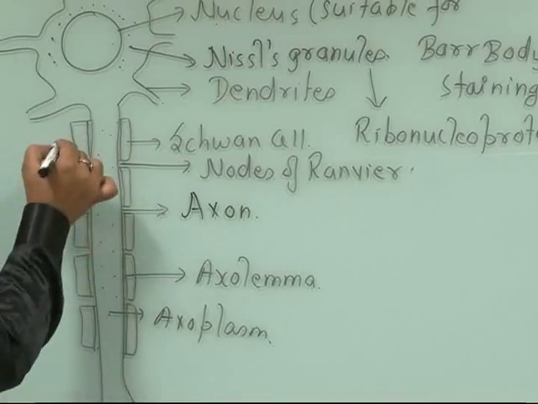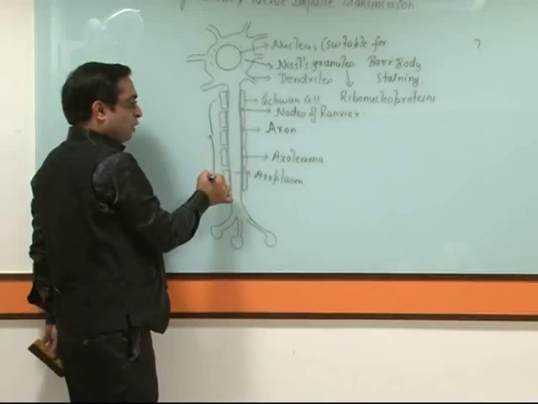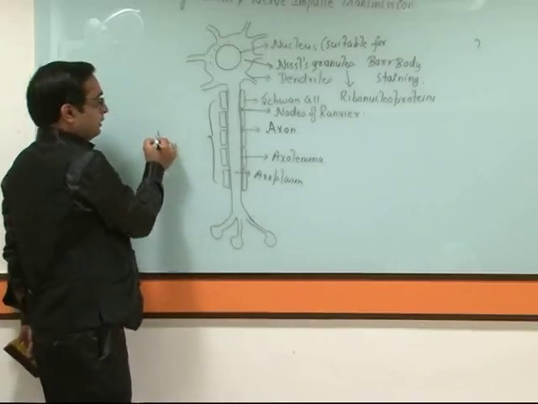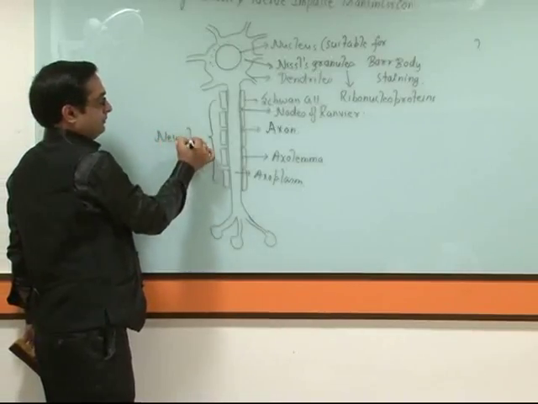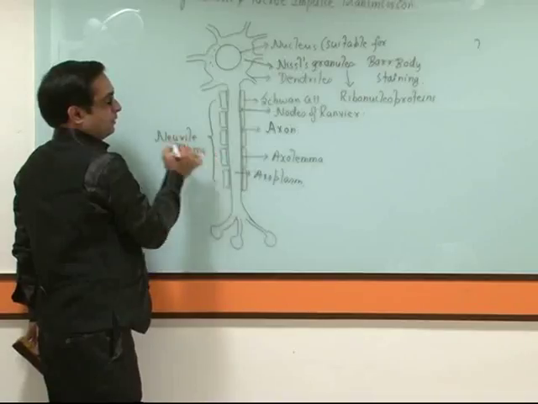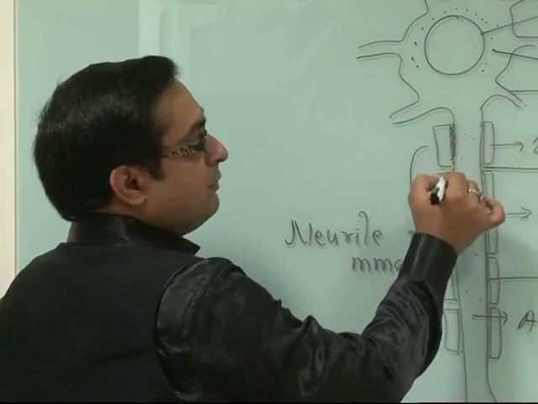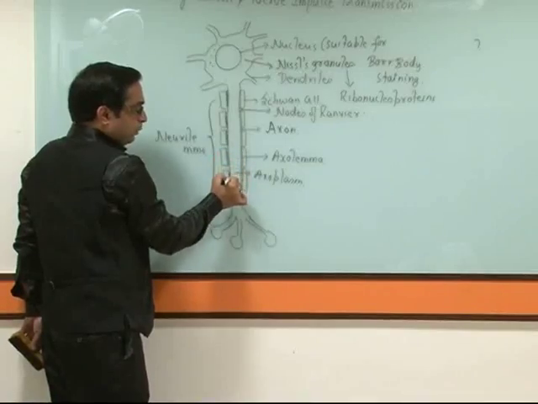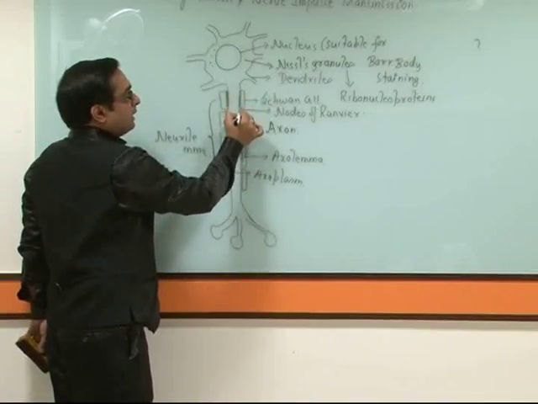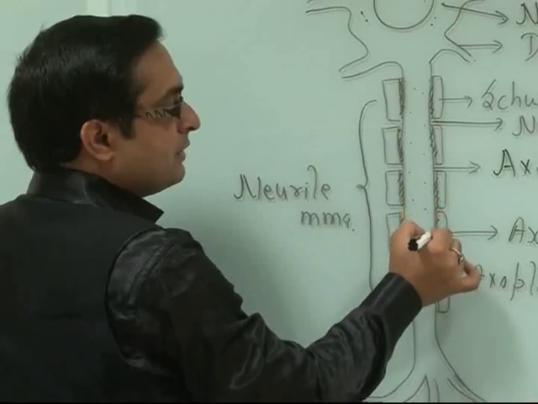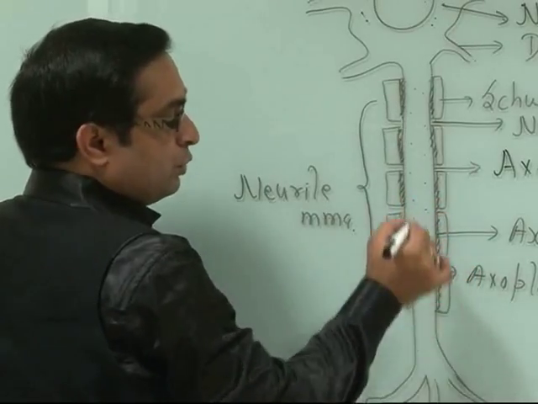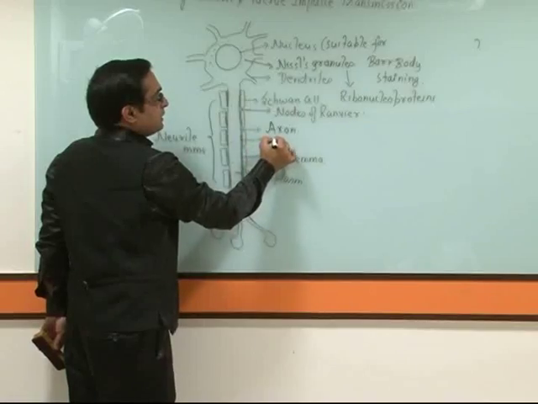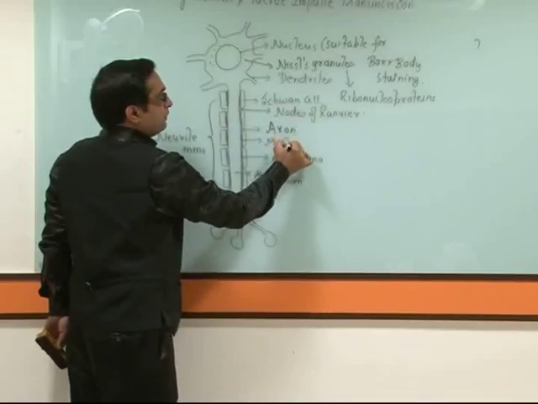All the Schwann cells taken together form a sheath called neurolemma. So the outermost layer will be neurolemma, which is the sheath of Schwann cells. Below neurolemma, we have myelin sheath, which acts as an insulator. Those areas where myelin sheath is absent are called nodes of Ranvier.